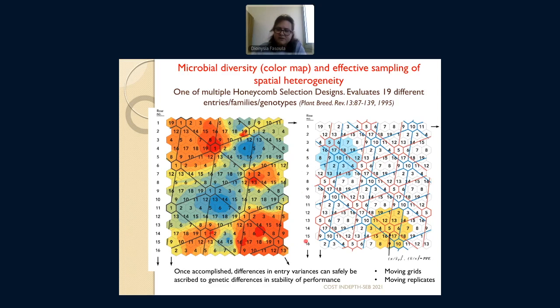Now, the importance of it is also that once we have effective sampling of soil heterogeneity, we can safely ascribe differences in entry variances to genetic differences in stability of performance.